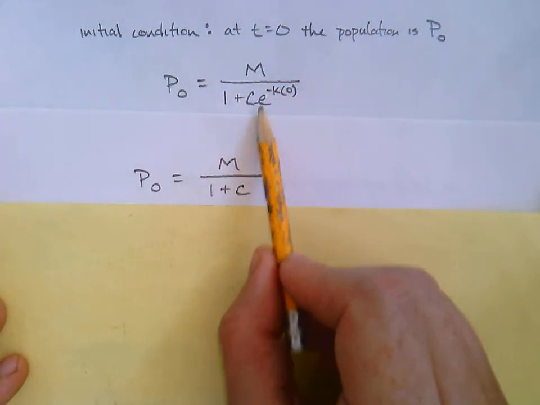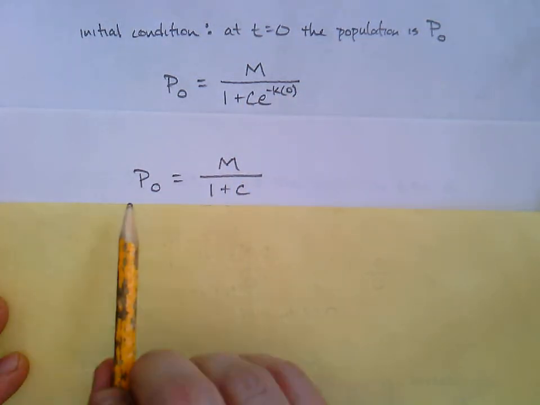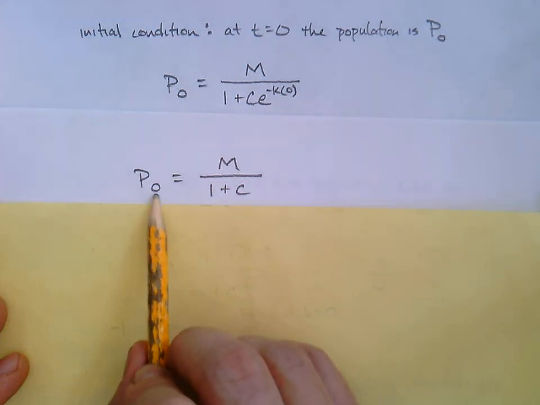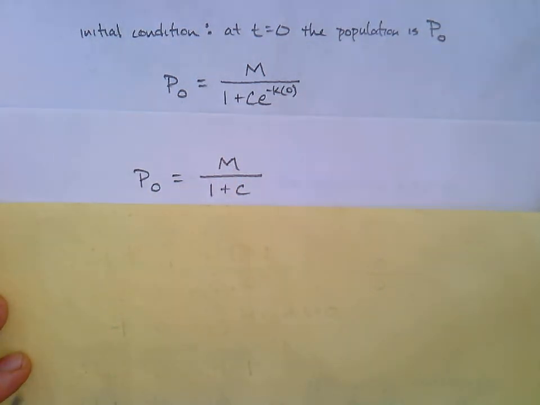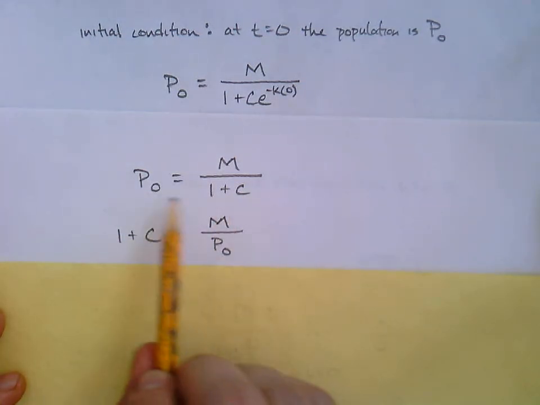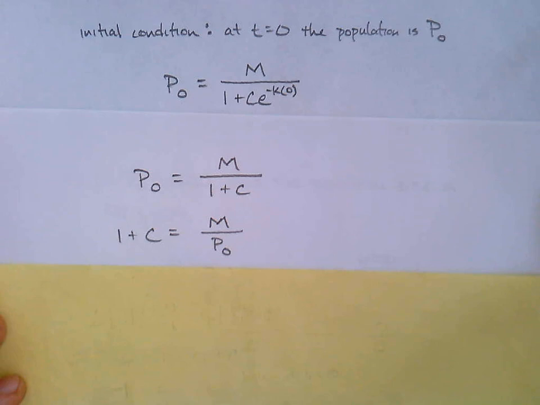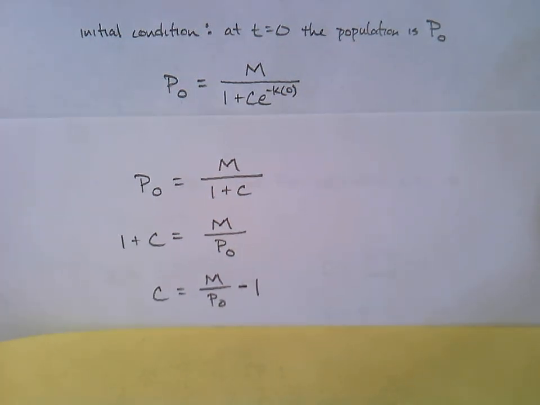E to the 0 is 1, of course. So this breaks down to p naught equals m over 1 plus c. And it won't be too hard to solve for c at this point. We can multiply the 1 plus c over here, divide by the p naught, and then subtract 1. It turns out that arbitrary constant c will always be your carrying capacity divided by your initial population minus 1. That's just the way the formula would have to fit together.